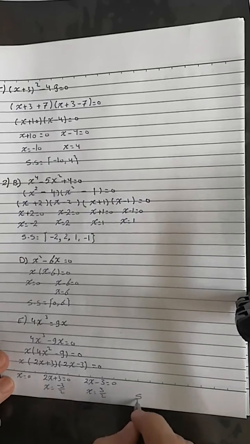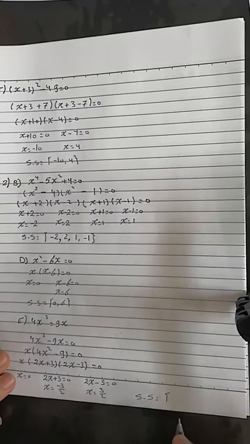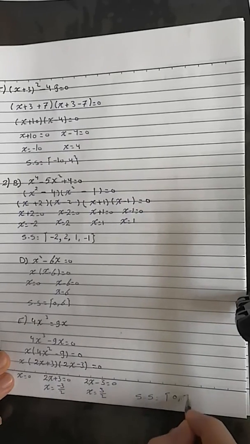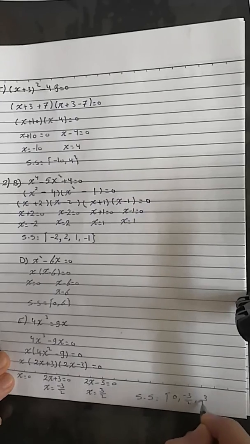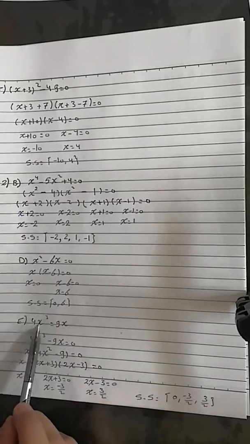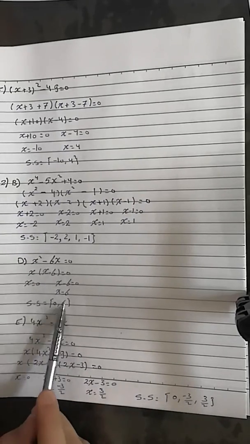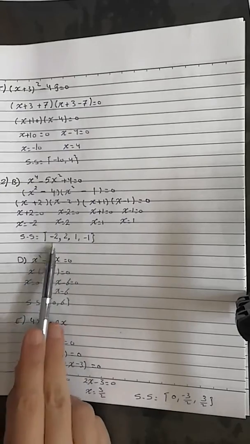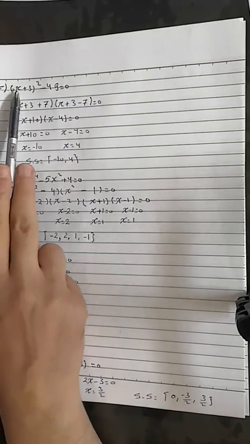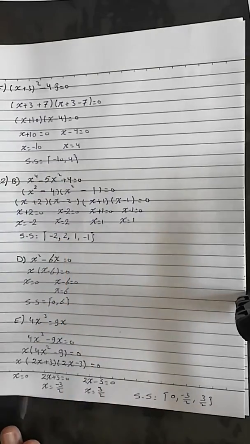So the solution set equals 0, negative 3 over 2, and 3 over 2. Again, I have x power of 3, so I have 3 solutions. x power of 2, I have 2 solutions. x power of 4, I have 4 solutions. And x squared, I have 2 solutions.